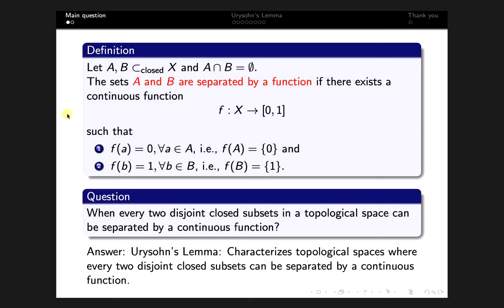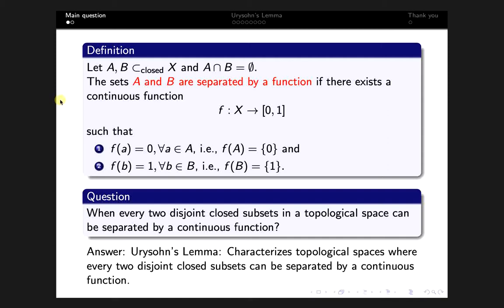And we also know the notion of separation of a pair of disjoint closed sets in a topological space by disjoint open sets, and that is the notion of normal spaces. So here we define the notion of separation of two disjoint closed sets in a topological space by a continuous function.